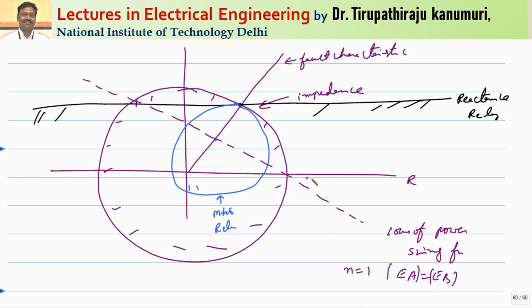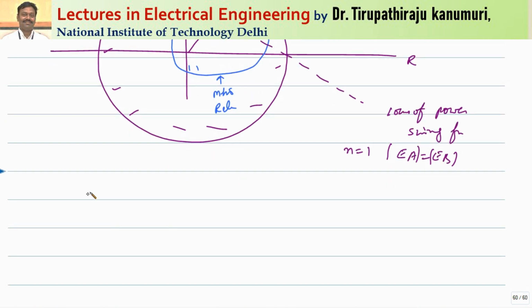You can see here for the case of the impedance relay, it is covering more area when compared to the Moore relay, but for the reactance relay, it is covering the maximum area. So we can tell from here the reactance relay is most affected because of the effect of power swings, and then comes the impedance relay.